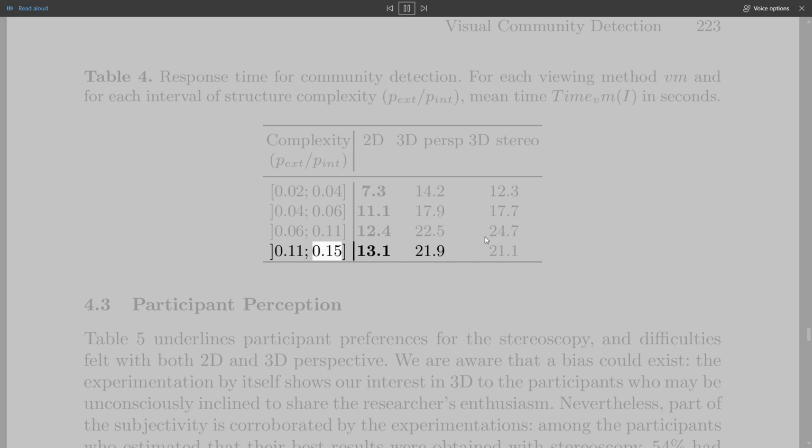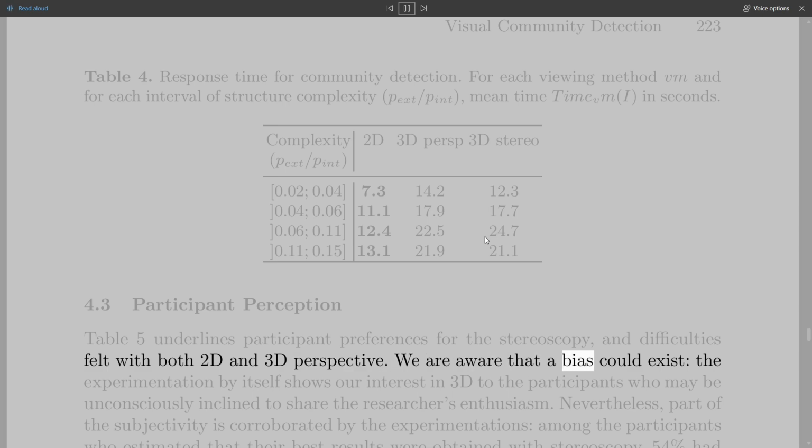For point 3, participant perception. Table 5 underlines participant preferences for the stereoscopy and difficulties felt with both 2D and 3D perspective.